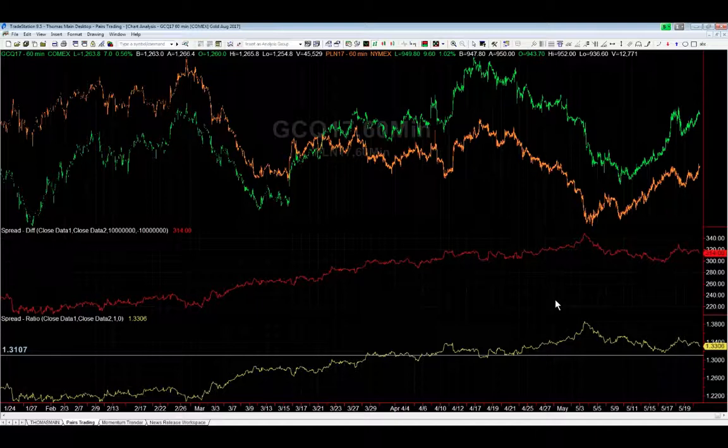But when I look at the correlation, all I'm looking at is how correlated are these markets. Make sense? Any other questions?